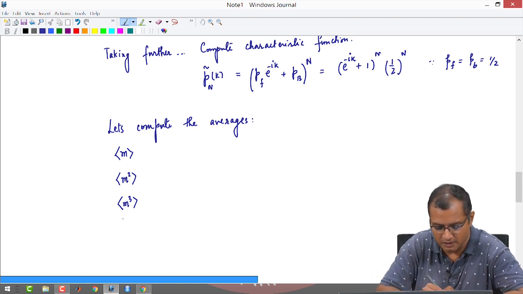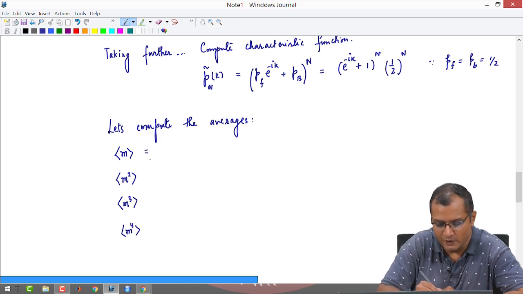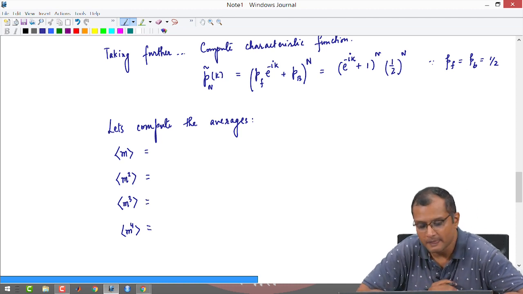These are all averages that one might be willing to compute. Then the calculation becomes very simple.